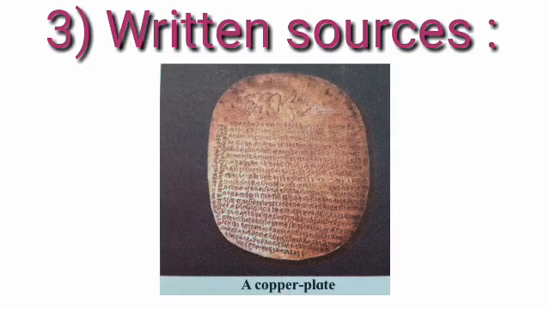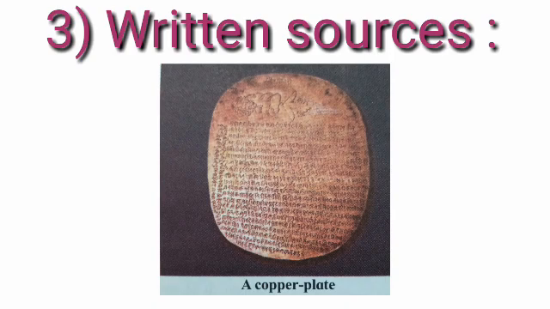Third very important point, written sources. In the Stone Age, people recorded many events and expressed emotions in paintings on rocks. Later, man used symbols and signs to record thoughts. Thousands of years later, scripts were developed.